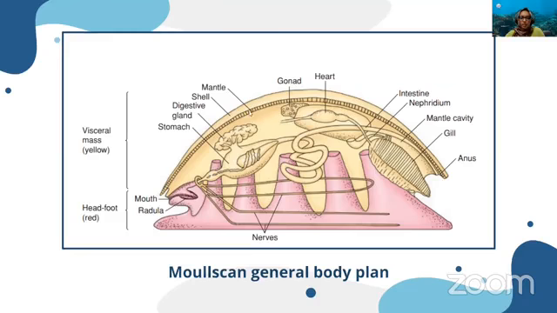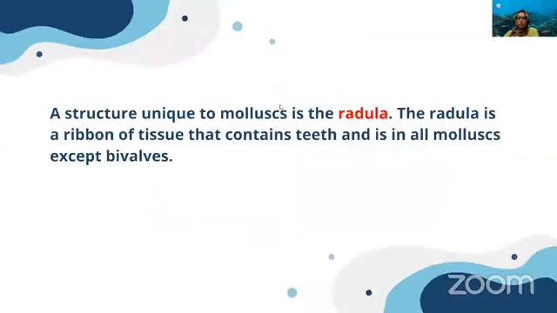The soft tissue is called the mantle, and the very outer surface is the shell. The structure unique to mollusks is the radula. The radula is a ribbon of tissue that contains teeth, so they can scrape the food. Except in bivalves, almost all the other mollusks have this radula.